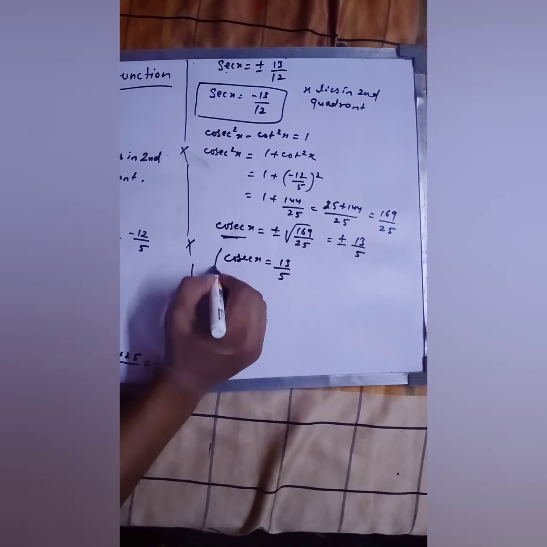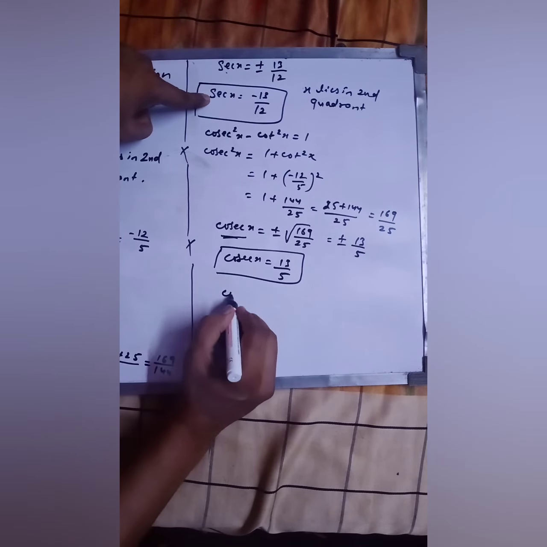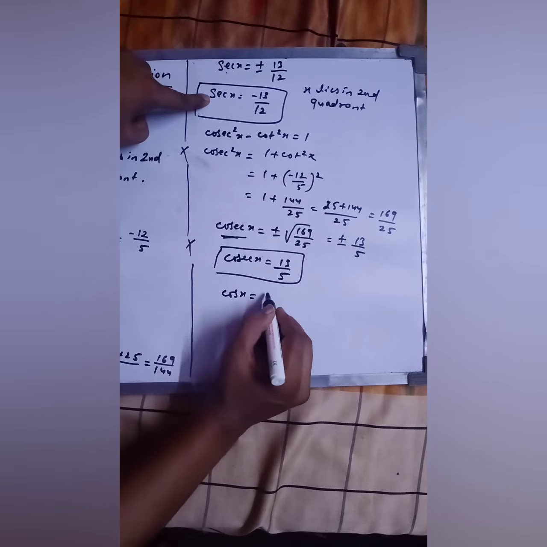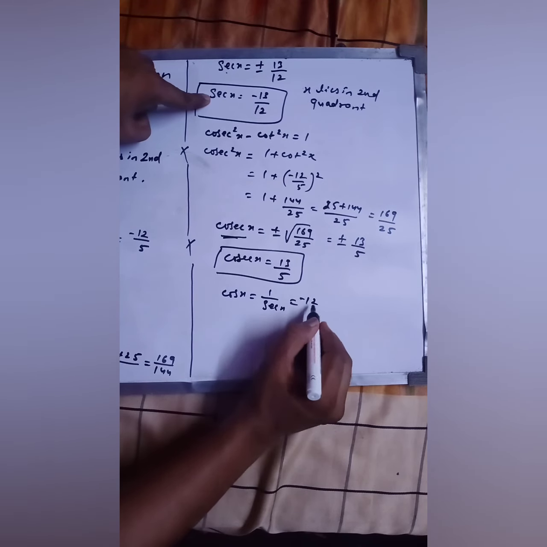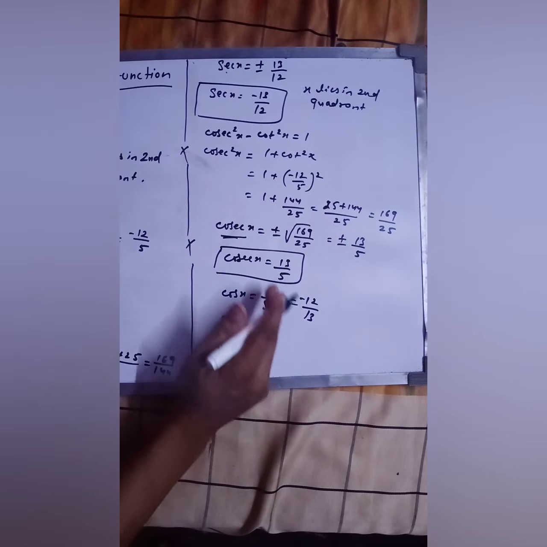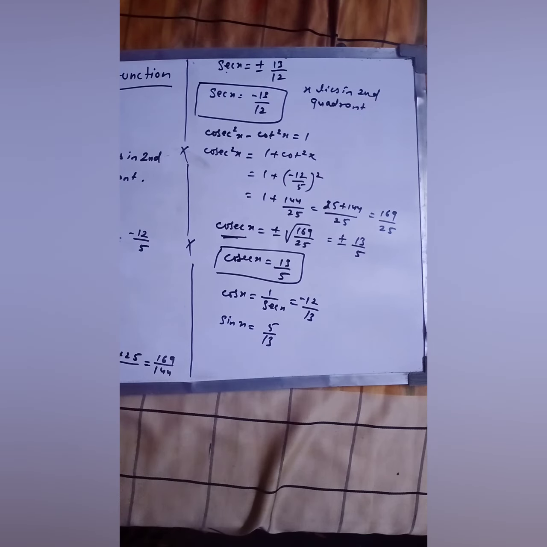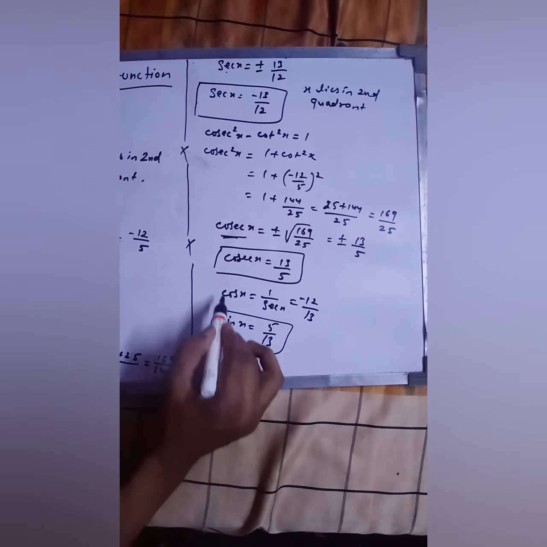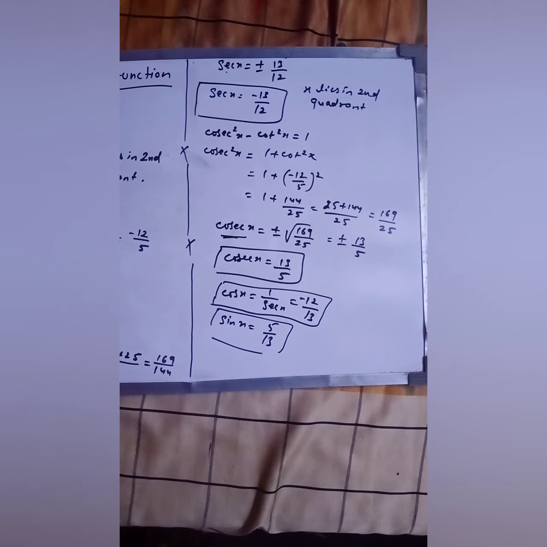Okay, now to get cos x, you can just do the reciprocal of sec x, that is minus 12 by 13, and to find the sin x, you can do the reciprocal of cosec x, that is 5 by 13. So here you have all the 6 trigonometric functions. So this is how you can calculate all trigonometric functions.